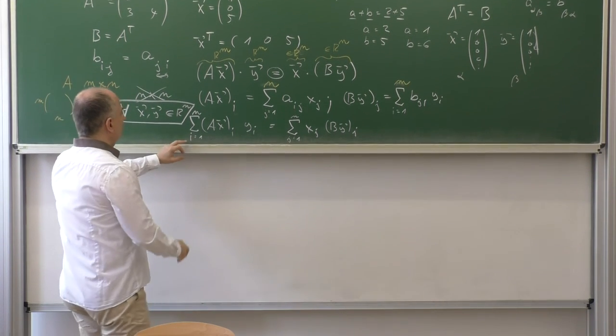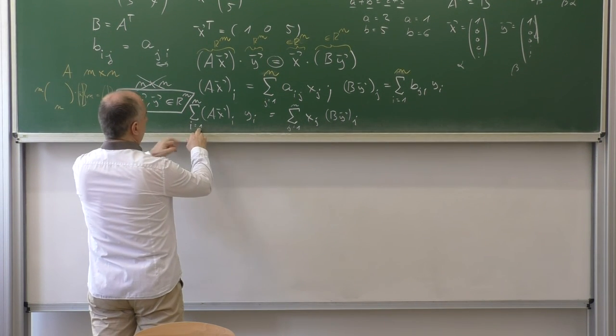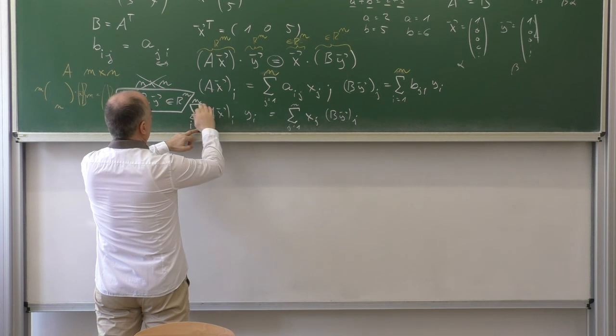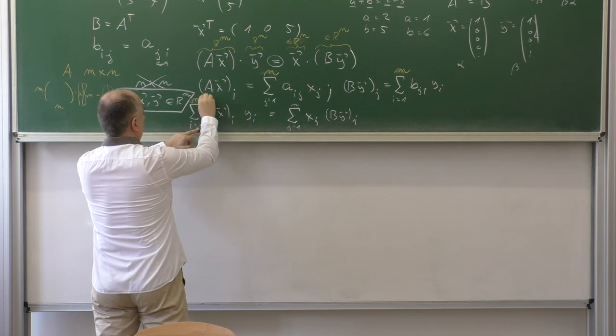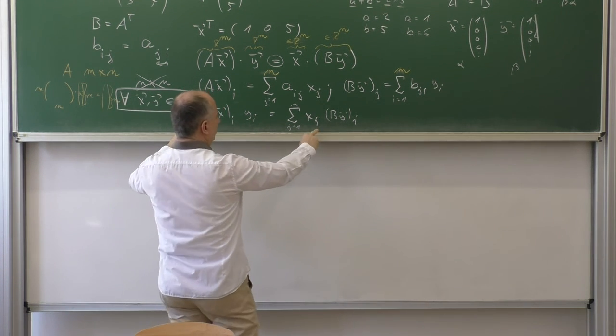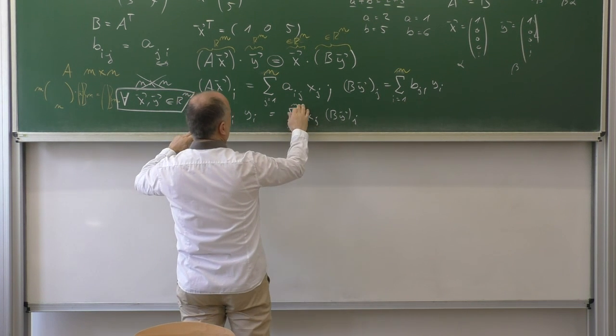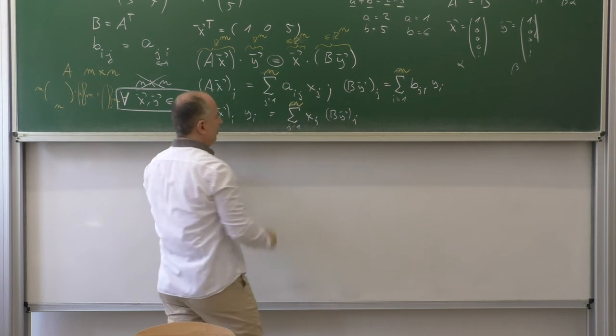And then here i runs from 1 to m, and here j runs from 1 to n. This remains.